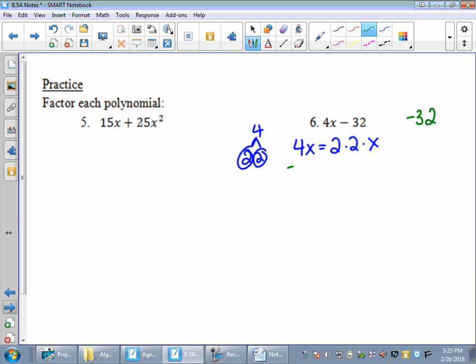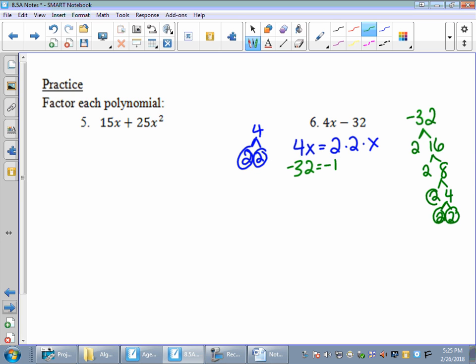Well, it's negative, so I know automatically I'm going to start with a negative 1. 32 is going to be 2 times 16. I know 16 is 2 times 8. 8 is 2 times 4. 4 is 2 times 2.